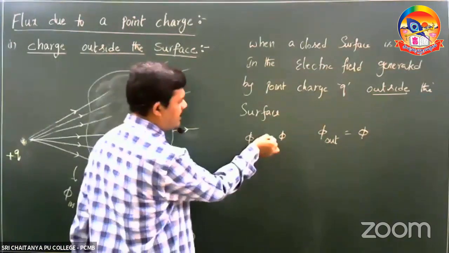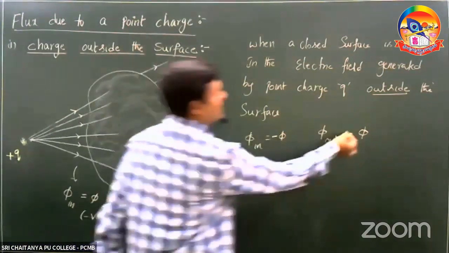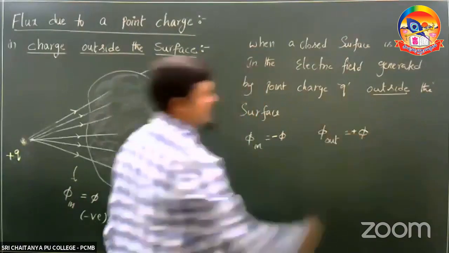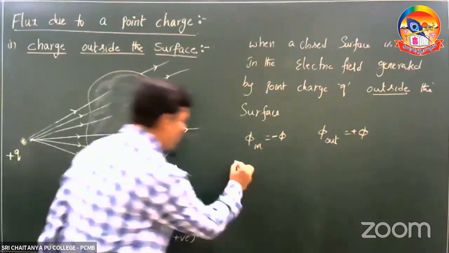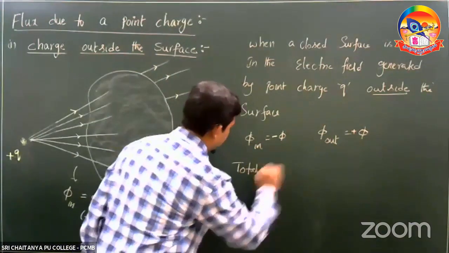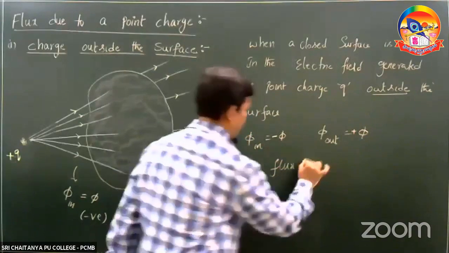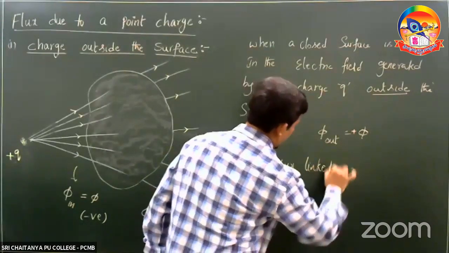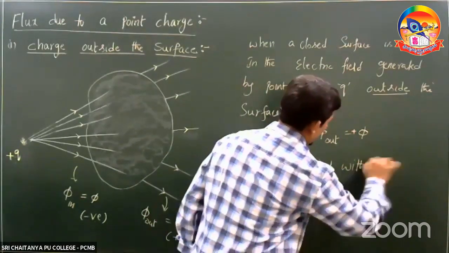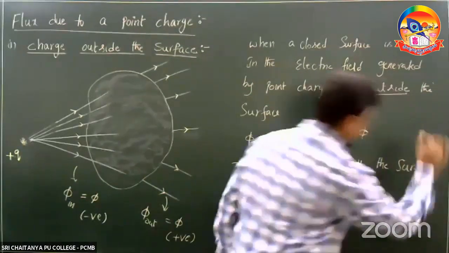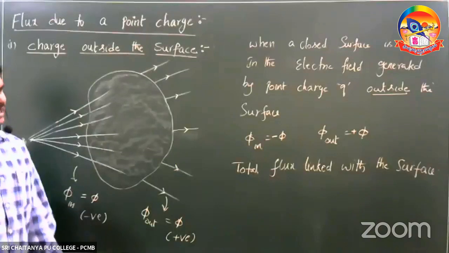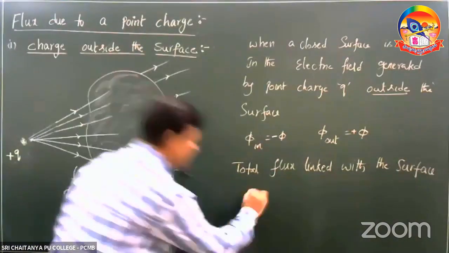So now I am taking this as negative and this as positive. Note, entering flux is negative, leaving flux is positive. Then what is the total flux linked with the surface?